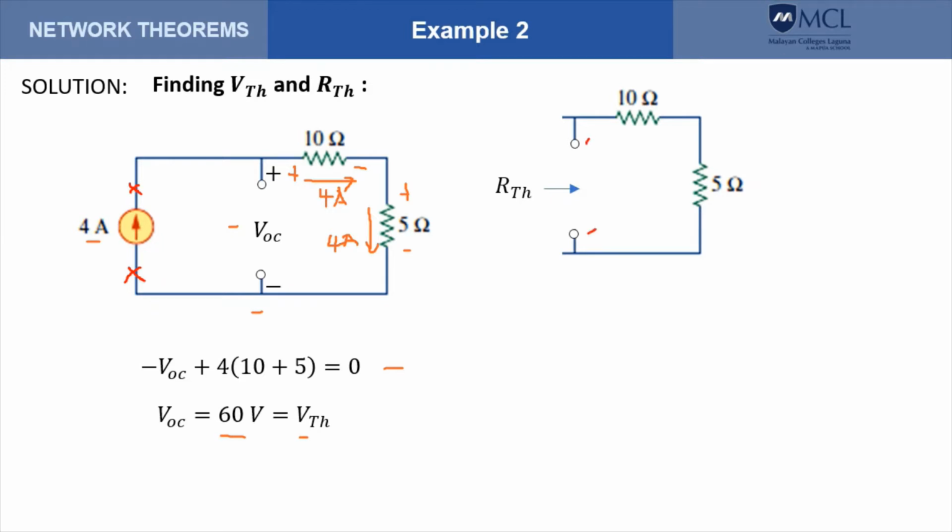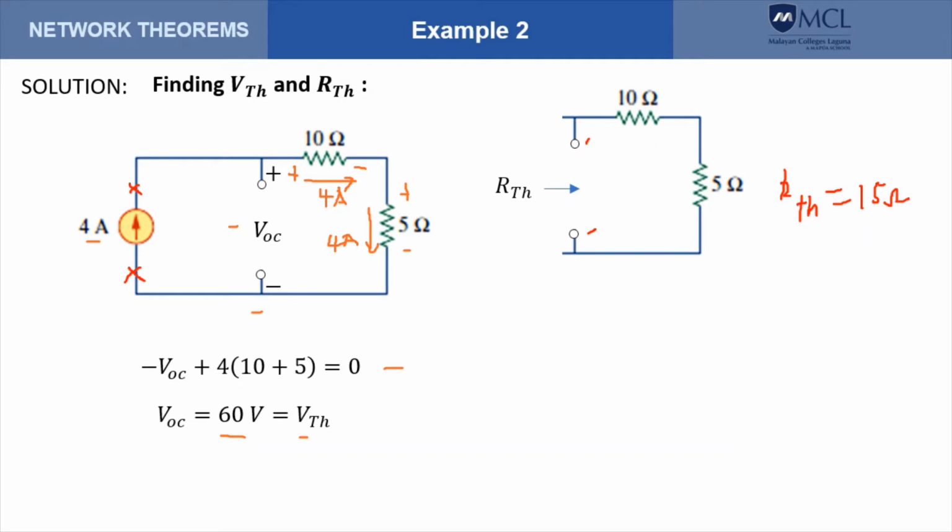So we then compute for the resistance looking at the open terminals. Take note that the circuit contains no dependent sources, so therefore we can use case 1 in finding RTH. And that is simply equal to the sum of the two resistances, which is 15 ohms.